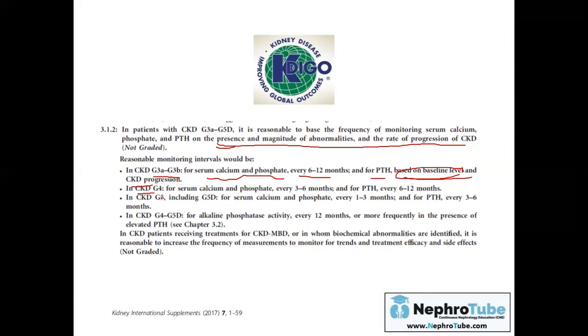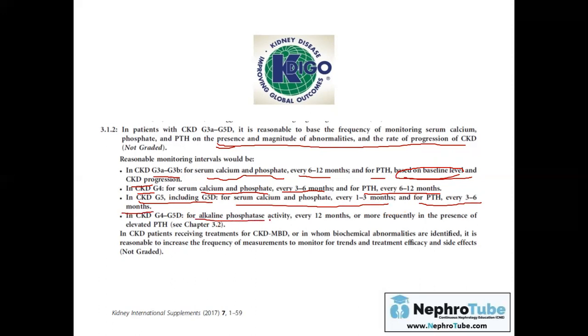In CKD stage 4, serum calcium and phosphate will be monitored at higher frequencies than stage 3. They will be monitored every 3 to 6 months, and for PTH, every 6 to 12 months. For CKD 5, including those who are on dialysis, for serum calcium and phosphate, monitor every 1 to 3 months. For PTH, every 3 to 6 months.